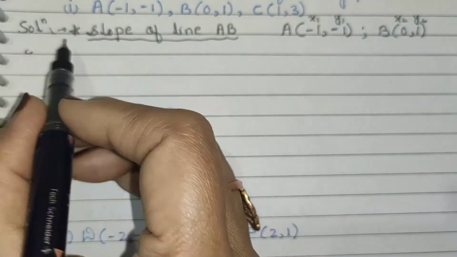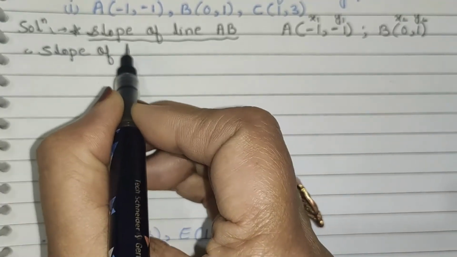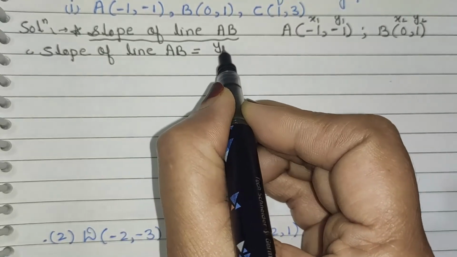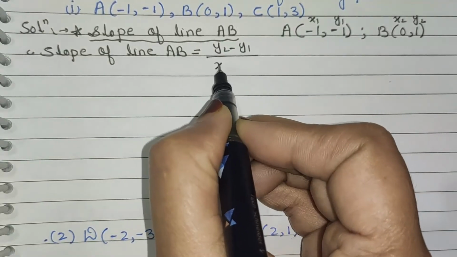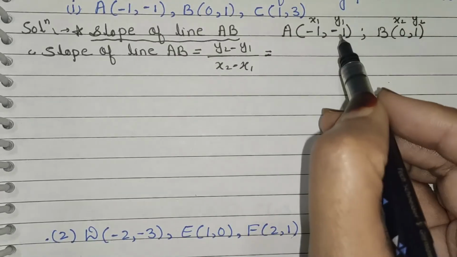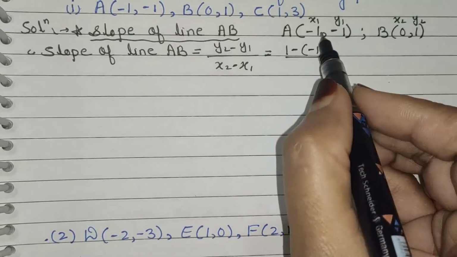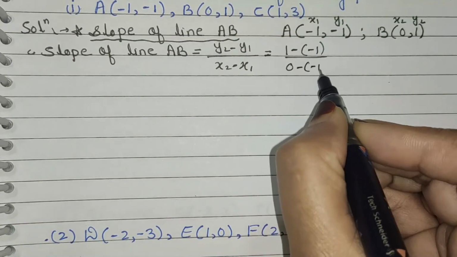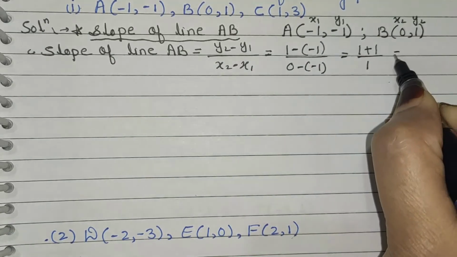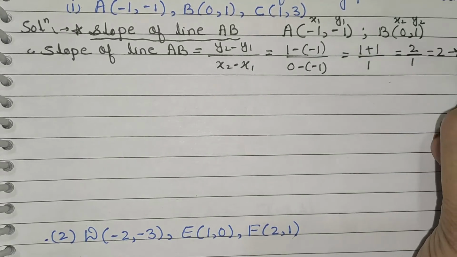Therefore, by using the formula, slope of line AB is equal to y2 minus y1 upon x2 minus x1, substituting the values, we get here 1 minus -1 upon 0 minus -1 is equal to 1 plus 1 upon 1, which is equal to 2 upon 1, means 2. Give it equation number 1.